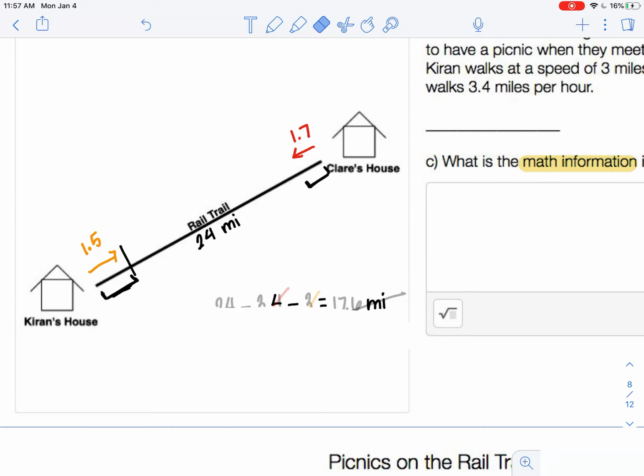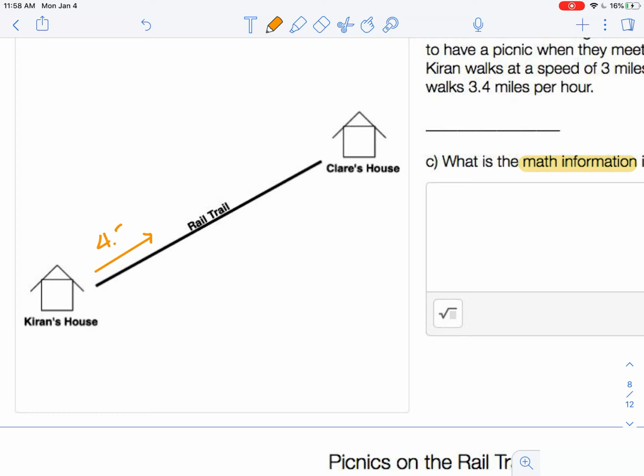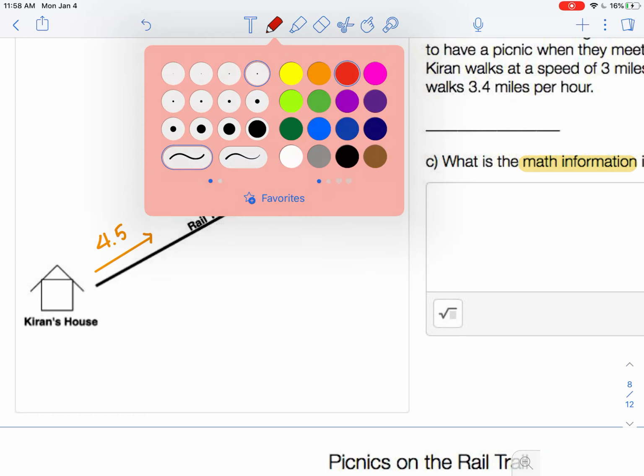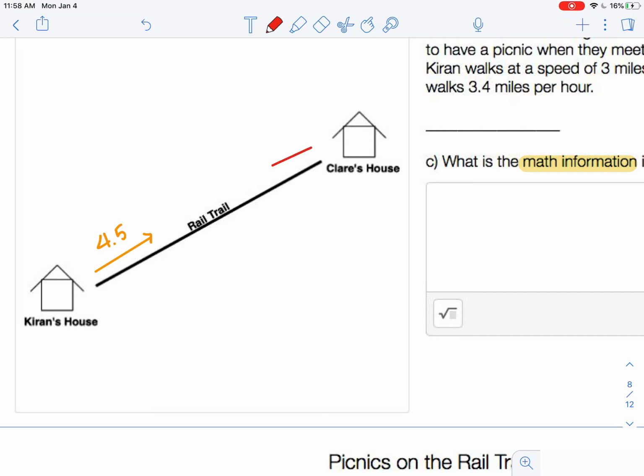Because this time, and I'm going to erase it so it doesn't get too confusing, after an hour and a half, we know that Kieran has traveled 4.5 miles, and we know that Claire has traveled 5.1 miles.